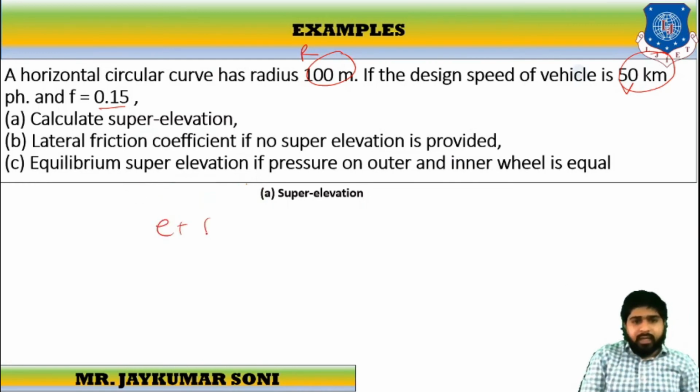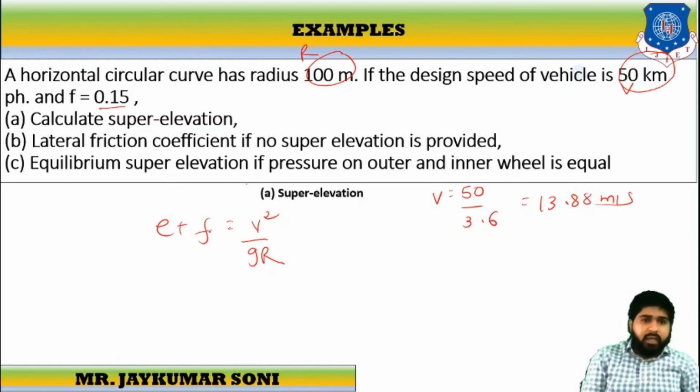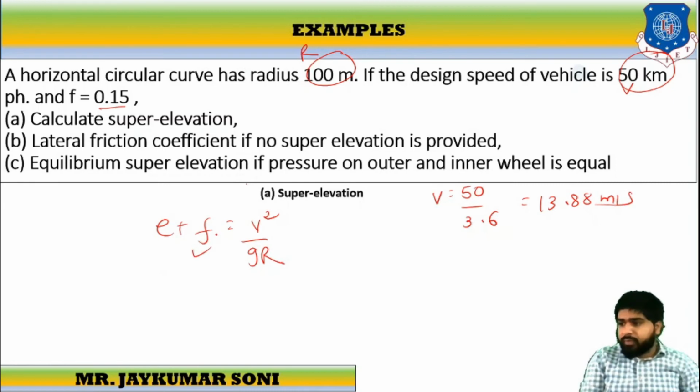E plus F is equal to V square by gR. First of all, we have to convert the capital V into small v, so small v is equal to 50 by 3.6. So it will be 13.88 meter per second.